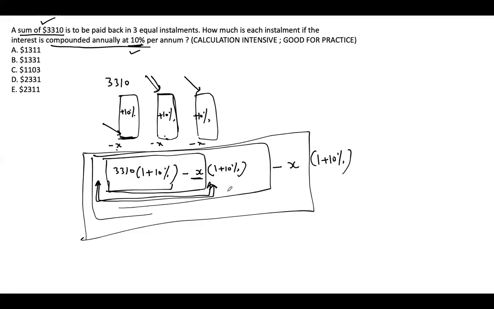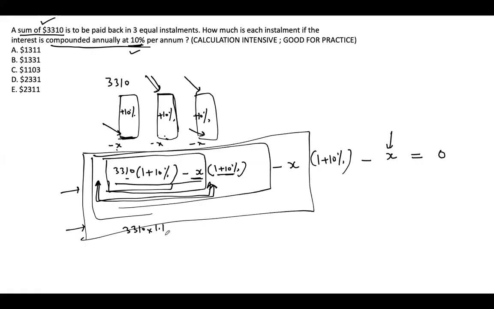So this is the amount that we are talking about, minus X, the total amount at the end of the year minus X, which will give us zero as you have paid all the installments. Now if I solve, this was in the same bracket, so 3310 into 1.1 was getting multiplied by both these terms.